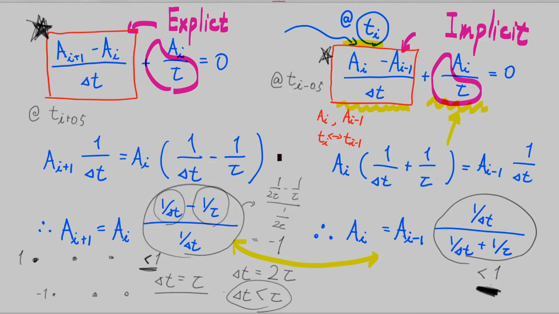Now this 1 over tau term really becomes a matrix which has huge dimension and is difficult to invert. Then please have a look at this part. In this part, where do we have 1 over tau? Yes, here we have 1 over tau. And in the right side, where do we have 1 over tau? Here we have 1 over tau.